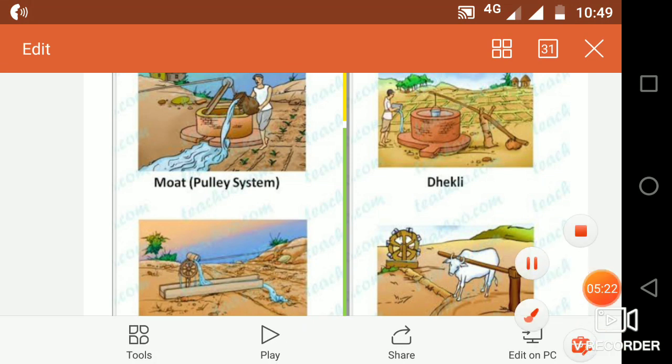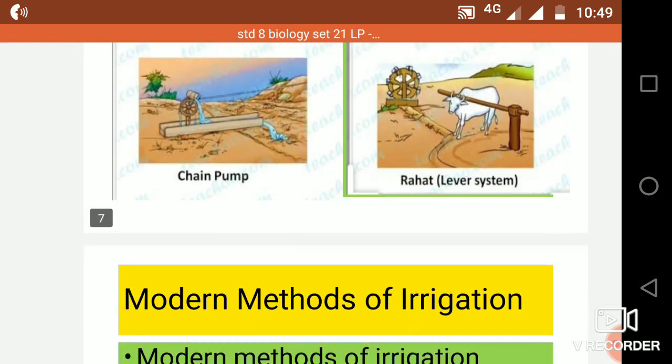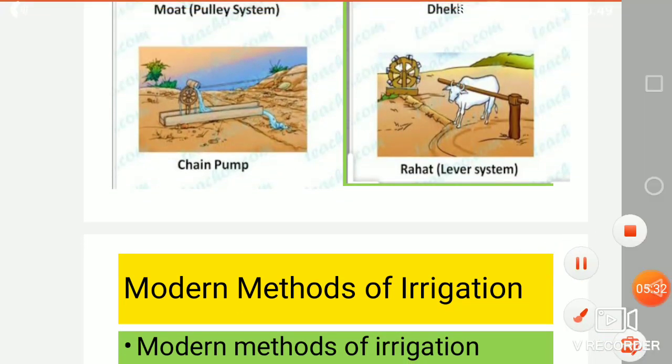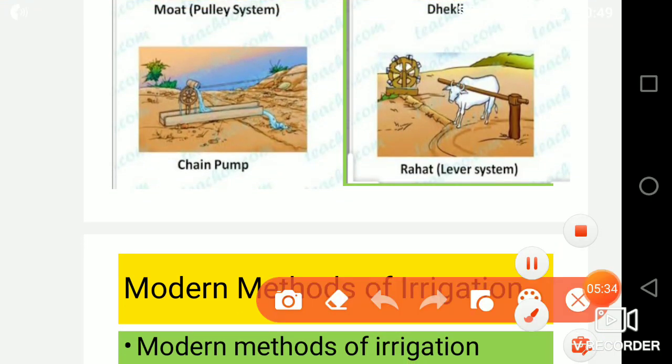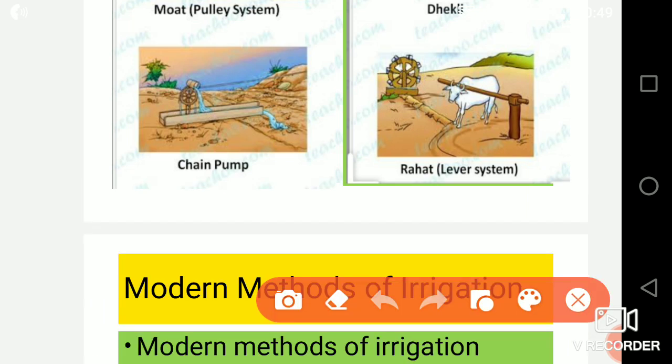Next we will go to the chain pump. Now what happens in the chain pump? A chain-like structure is attached.